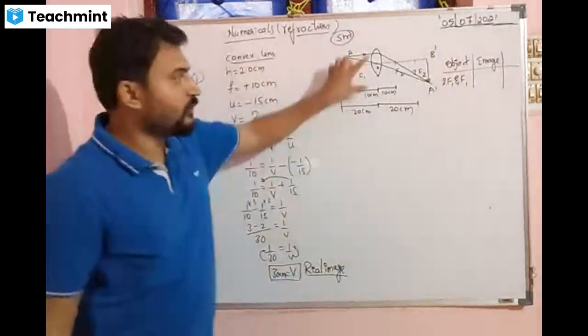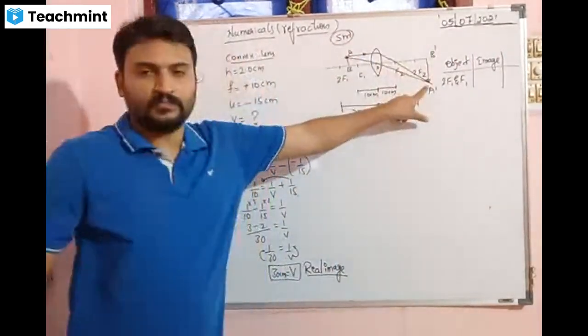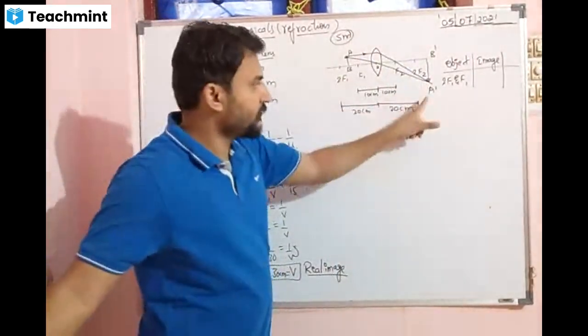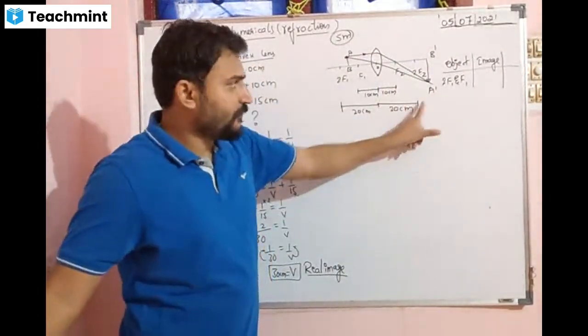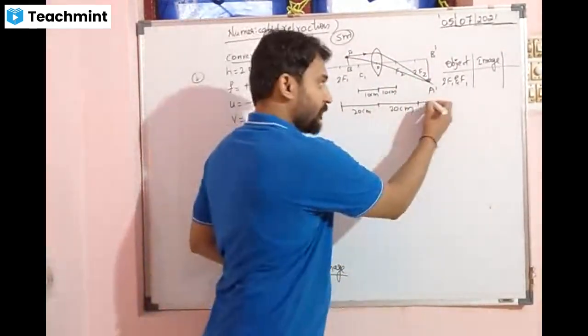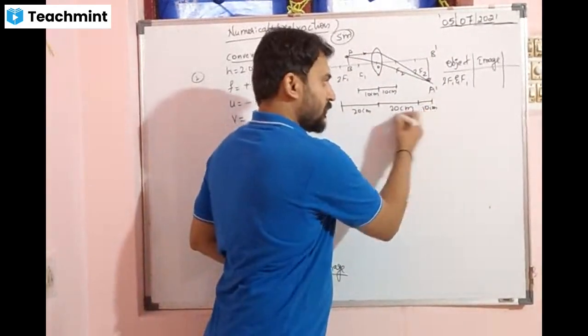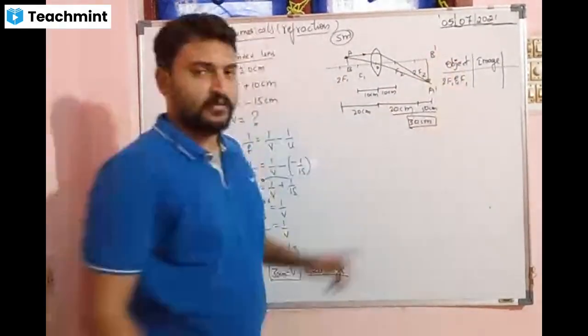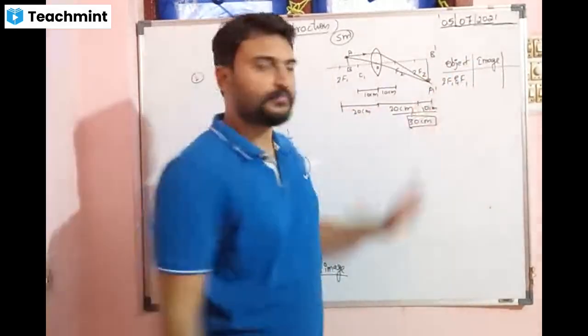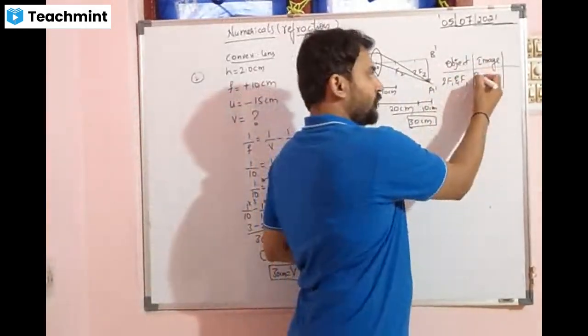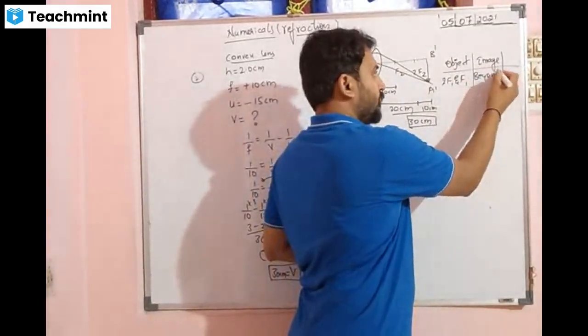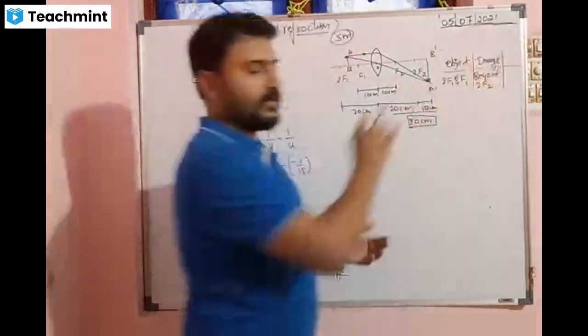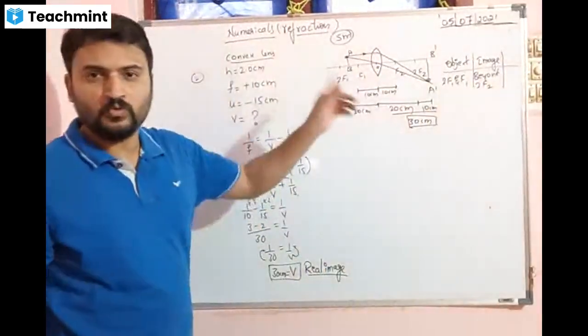Tell me, where is the image formed? Beyond 2F2. This is 20. From there, 10 more centimeters, which means a total of 30 centimeters. The image is formed here. Where is the image? Beyond 2F2. Correct?